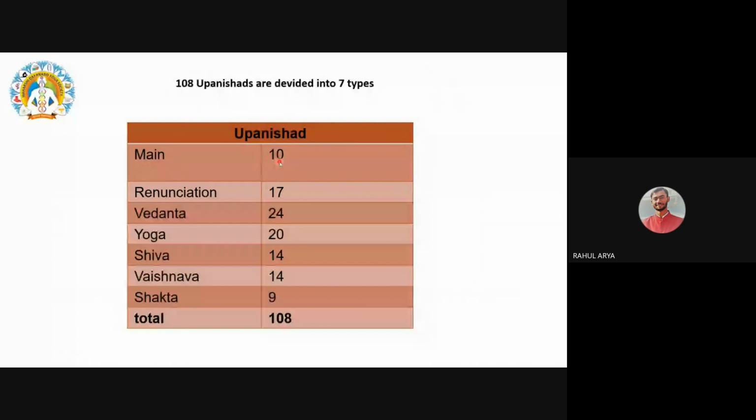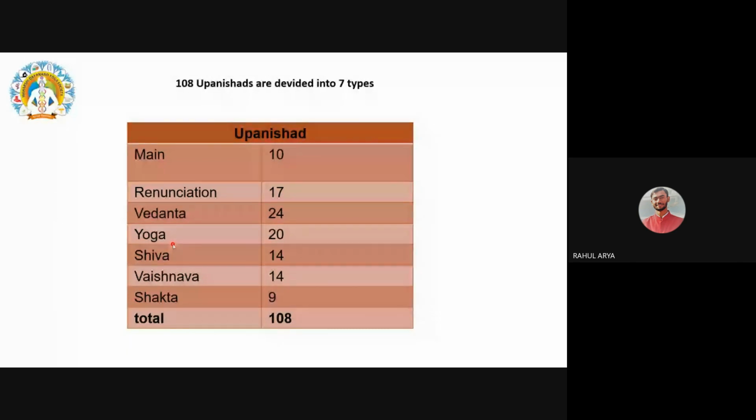These 10 Upanishads are in unit number 2 of our UGC exam also. 17 are the renunciation Upanishads. They are not in our syllabus. 24 are the Vedanta Upanishads. And 20 are the Yoga Upanishads, which this class is about.